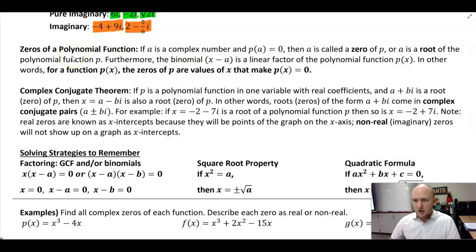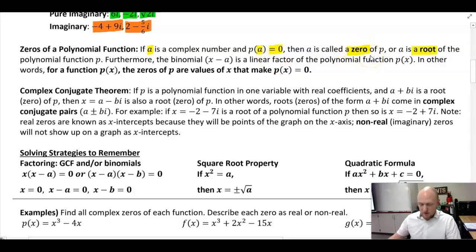Okay. Zeros. We're going to talk about zeros and how to find them in this lesson. And it's important to note that for zeros of a polynomial function, if a is a complex number and we plug a into a function and it gives us 0, if p of a equals 0, then we call that a a zero of p, also known as a root.